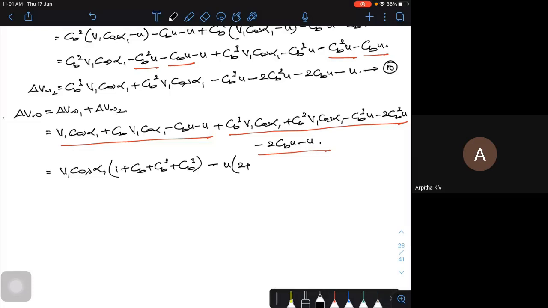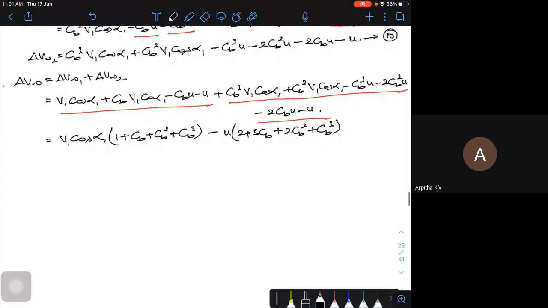Minus 2 Cb minus 3 Cb, so minus 1 Cb, so it is 3 Cb. Then Cb square: minus 2 Cb square, so it will be 2 Cb square. Then Cb cube: minus 1 Cb cube. If I take the minus common, we get this particular expression.